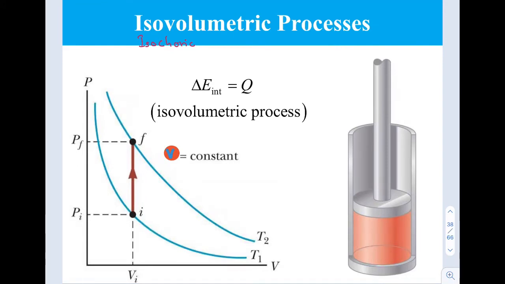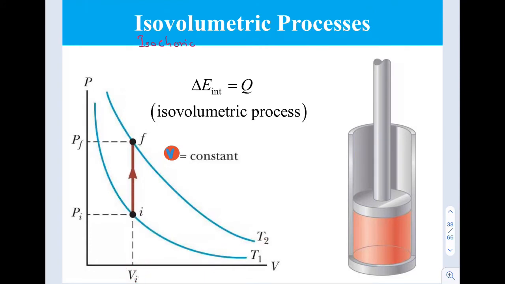In terms of the PV diagram, the same volume is represented by a vertical line, because it is only on the same volume of the container. It experiences changes in pressure from the initial state to the final state, as well as temperature. The only constant is volume.